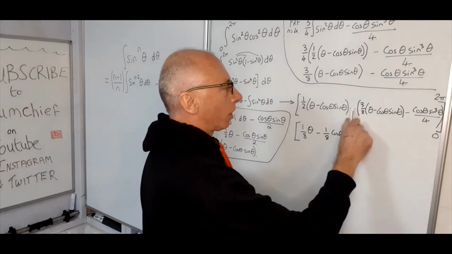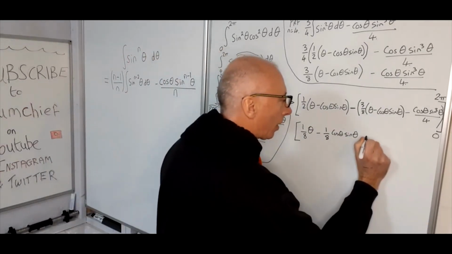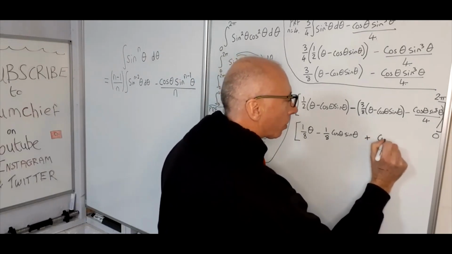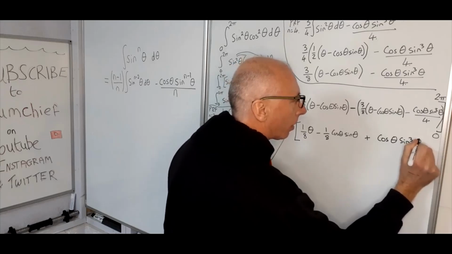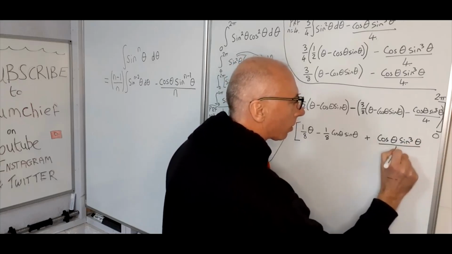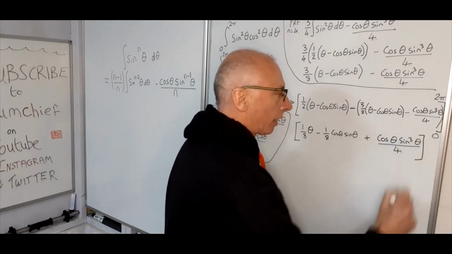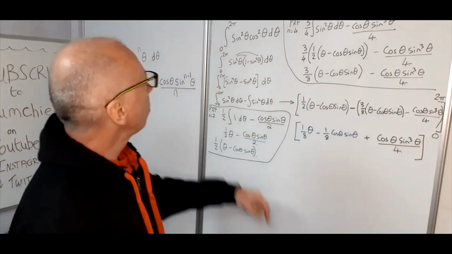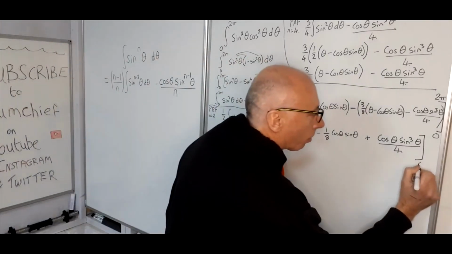So the minus and the minus obviously becomes a plus, and then we can add cosine theta sine cubed theta, and that's all over 4. And calculating from 0 to 2 pi, obviously that's the original question, that's what we need.